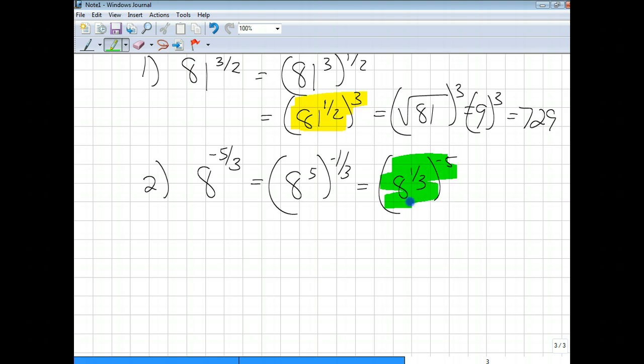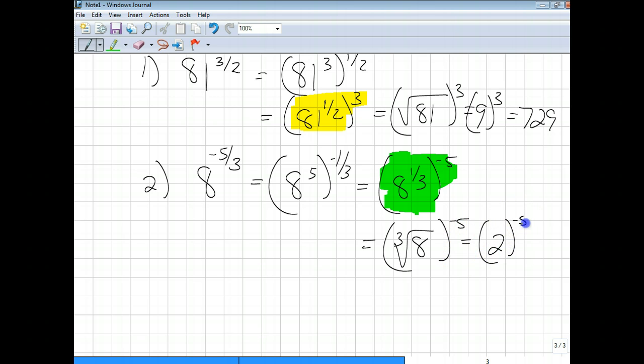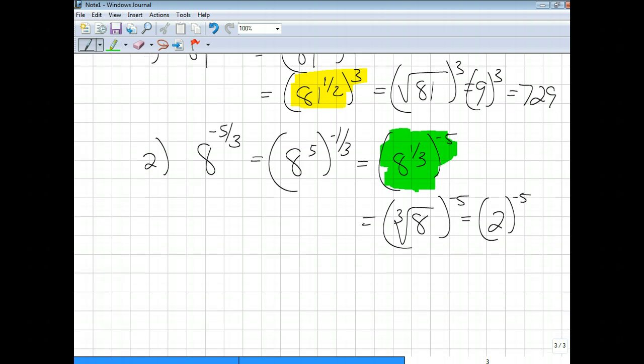And it would be probably this one, because that one says the cube root of 8 raised to the negative 5. So the cube root of 8 is 2 to the negative 5. Remember that the negative part of the exponent means the reciprocal. So that's really 1 over 2 to the 5th, or 1 over 32. Okay, example 3.